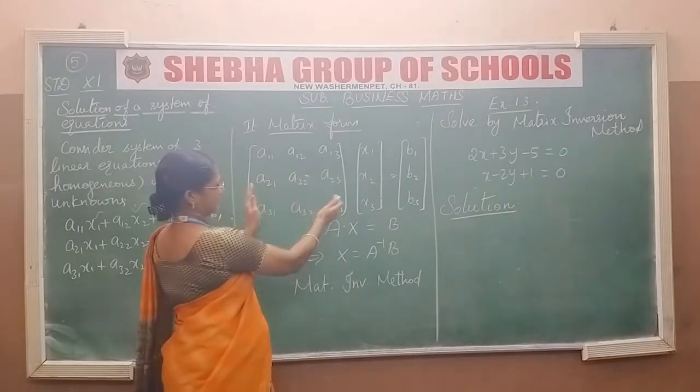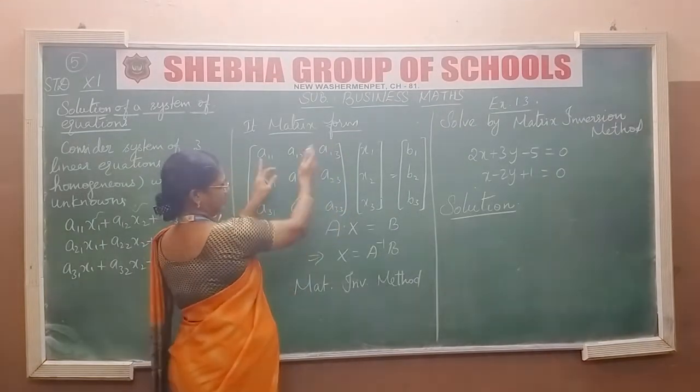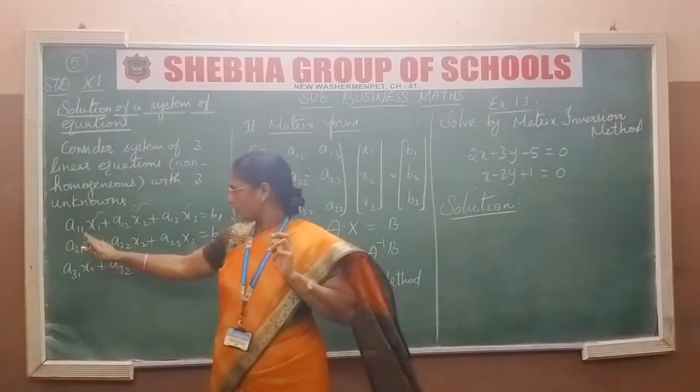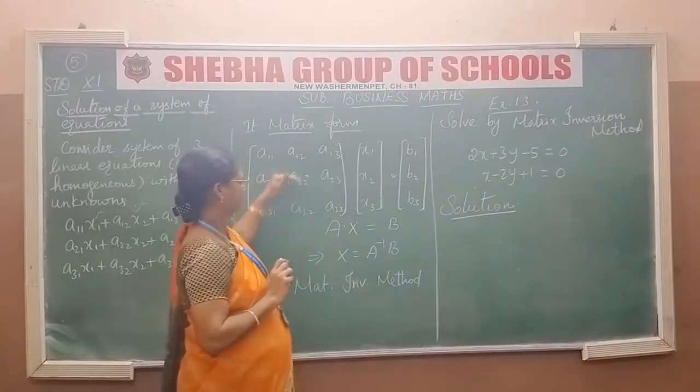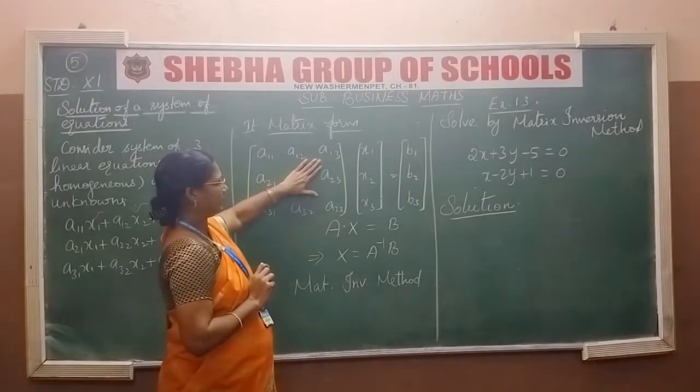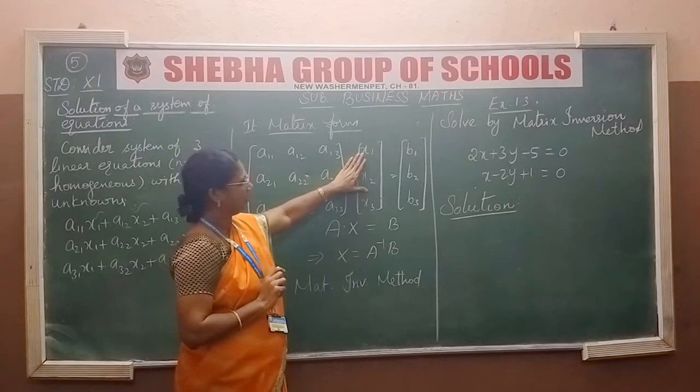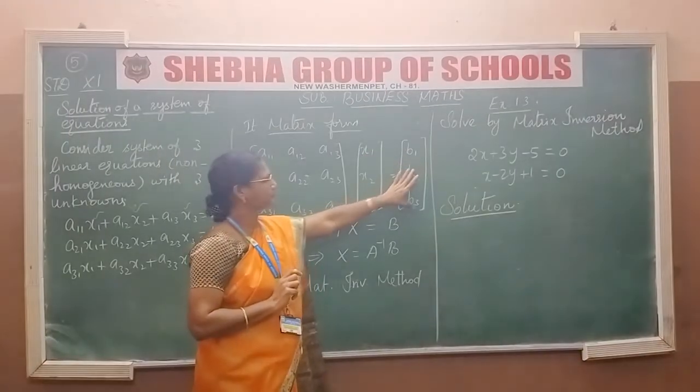Matrix form is like this. First write the coefficient matrix. The coefficients are the coefficients of x1, x2, x3. Like that we have to write. This is our A, into the variables, equal to the constant terms.